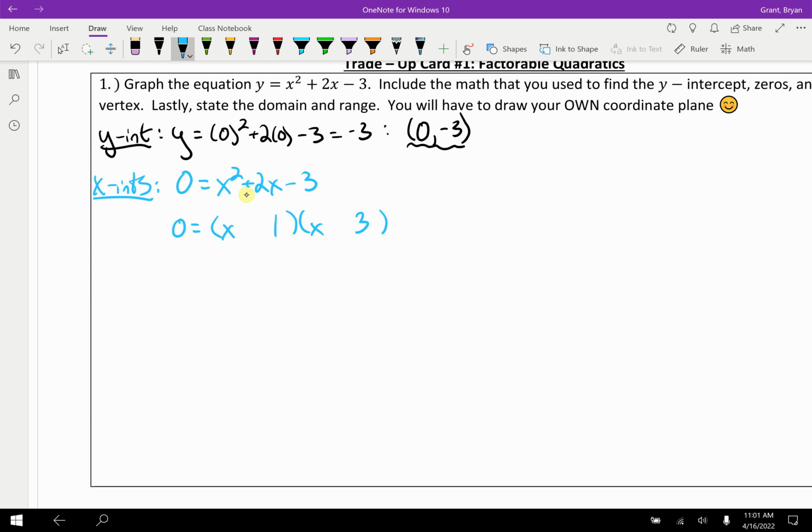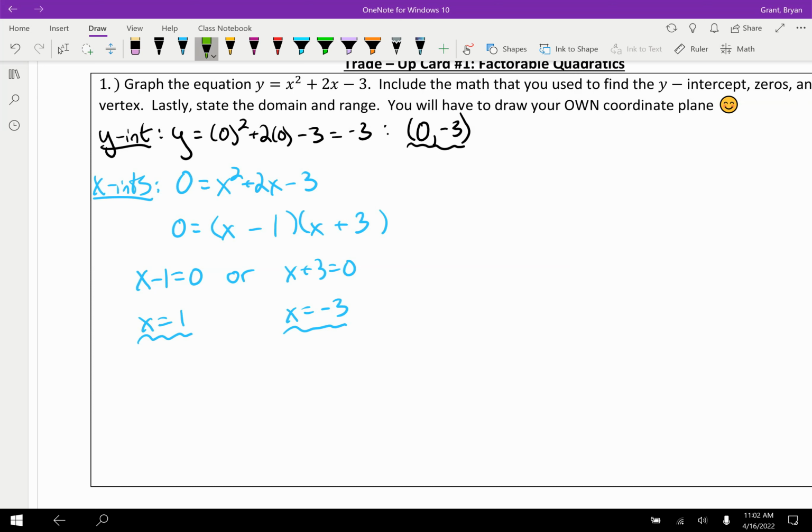Then we need to add up to get a positive 2, so the bigger number gets the sign that it adds up to be. 3 minus 1 is 2, 3 times -1 is -3. We're looking great. Once we're here, zero product property: x minus 1 equals 0, or x plus 3 equals 0, and we find that we have 2 zeros, or 2 x-intercepts, -3 and +1.